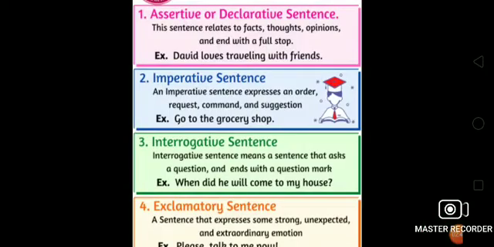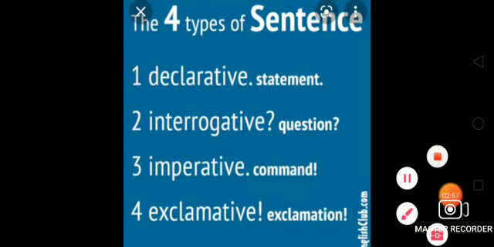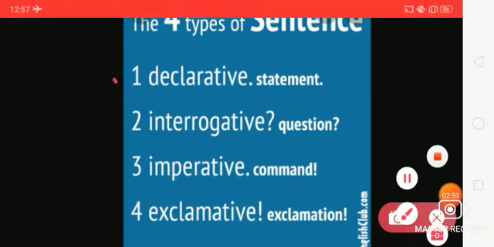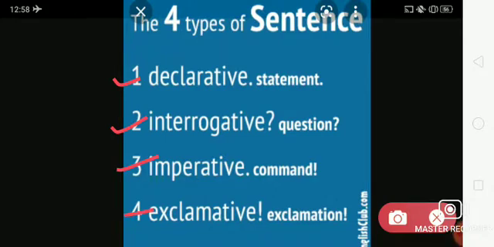Okay. Now after this we are going to learn how many kinds of sentences there are. Students, there are a total of 4 types of sentences. First is declarative, also called assertive sentence. Second is interrogative sentence. Third is imperative. Fourth is exclamatory.